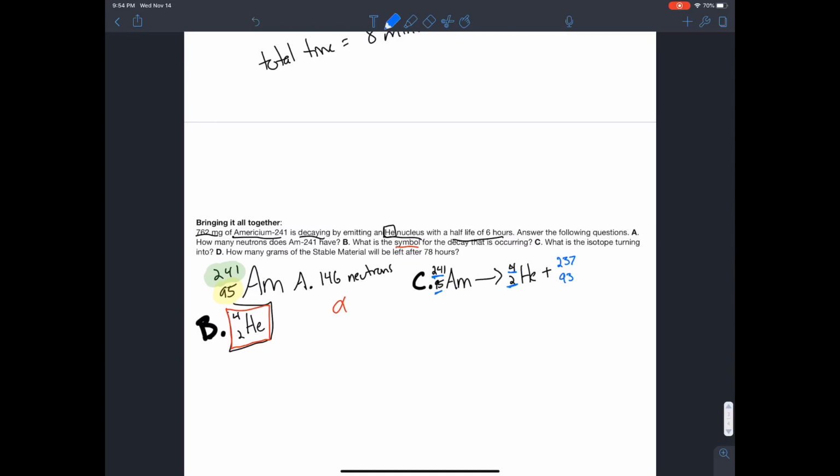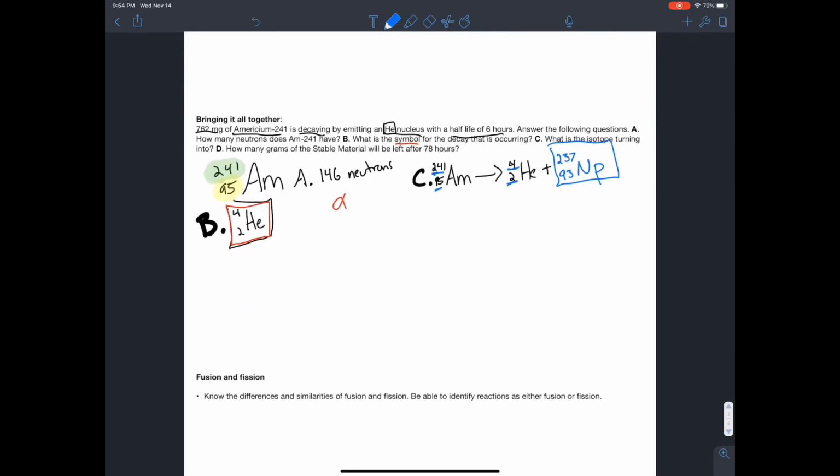Pop open our good old periodic table again. 93 is neptunium, Np. So that is what it's decaying into: neptunium-237. Losing 2 protons and the atomic mass is dropping by 4. So this is what the more stable product of this decay is going to look like.